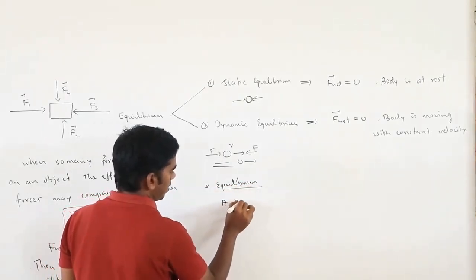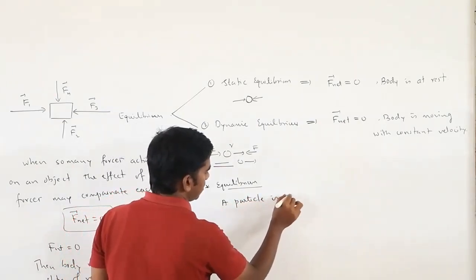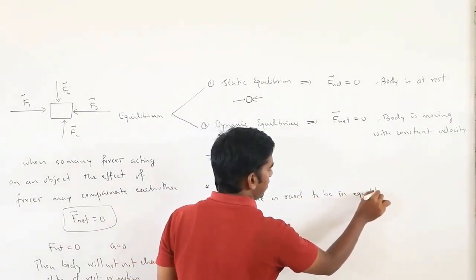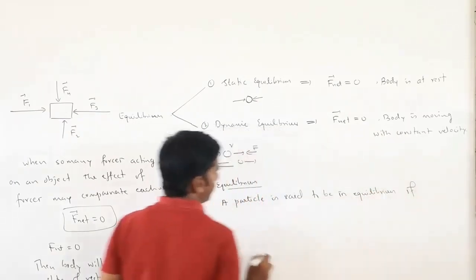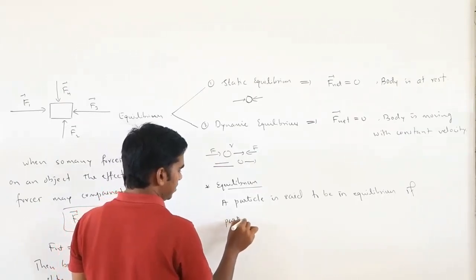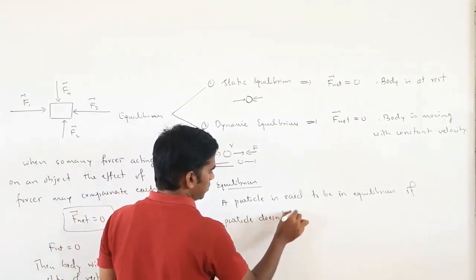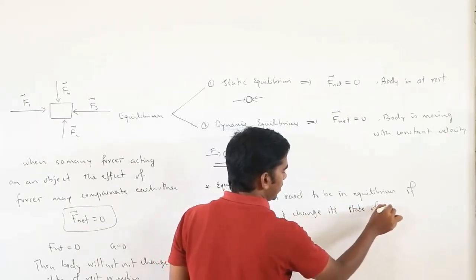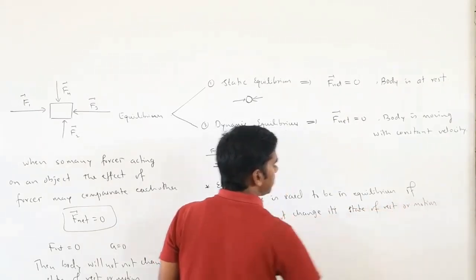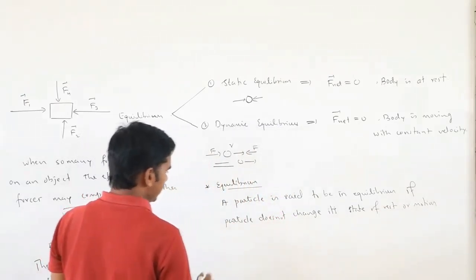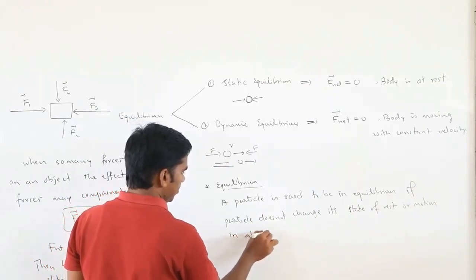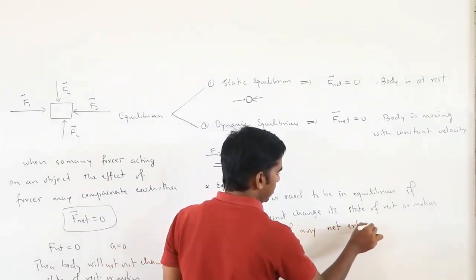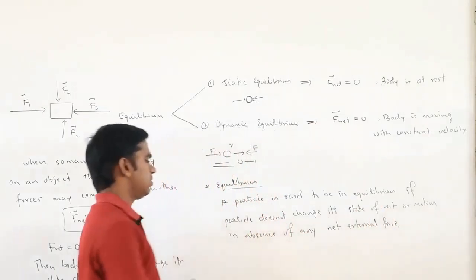A particle or body is said to be in equilibrium if it does not change its state of rest or motion in the absence of any net external force. That means unless an external force acts on it, it will not change.